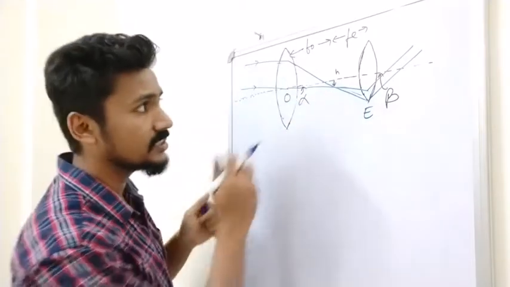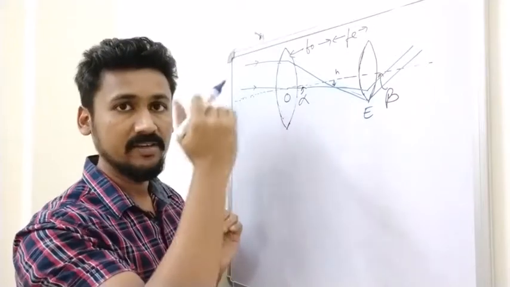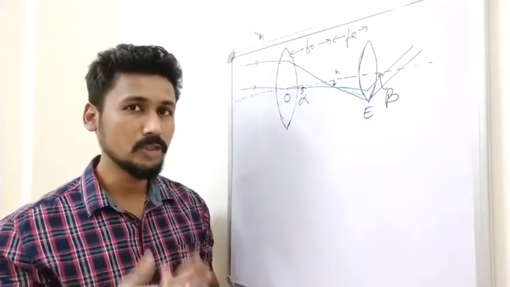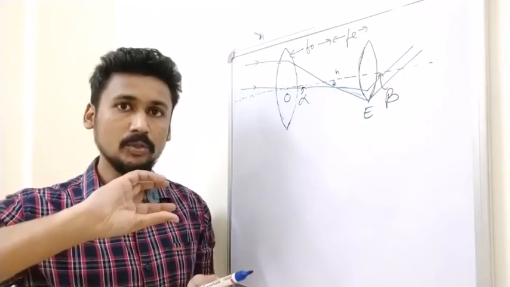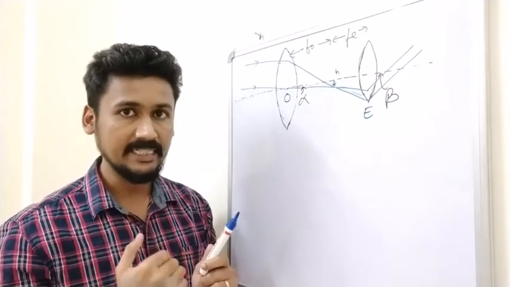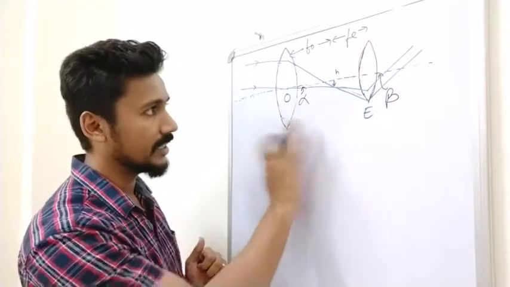It will be a smaller image. This will act as object for the eyepiece, and then we will get a comparatively larger image. Image will be inverted. So in most of the telescopes that you will get, you are having some kind of prism which is going to invert that image again, so that we will be able to see the image right side up, right? So that is the situation for the telescope, and that is the ray diagram.